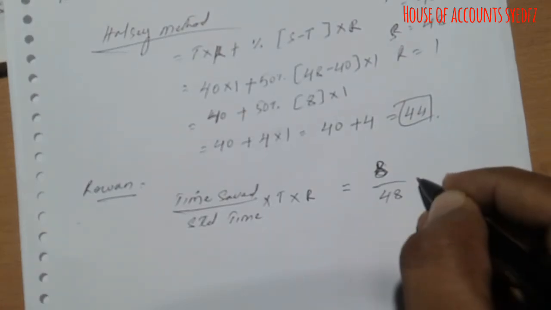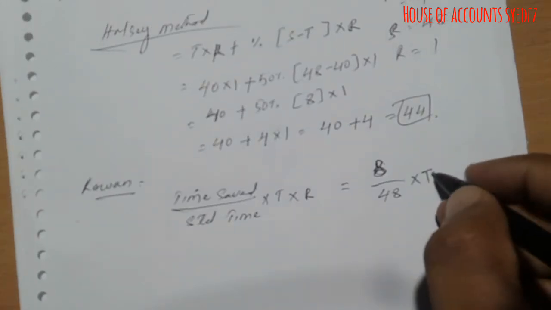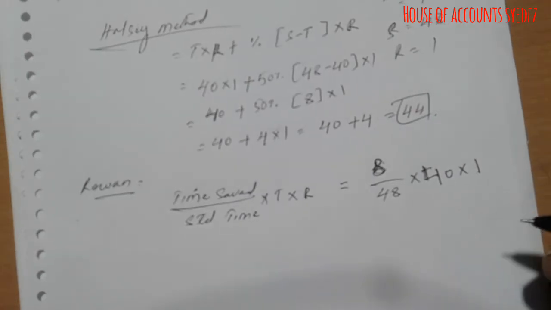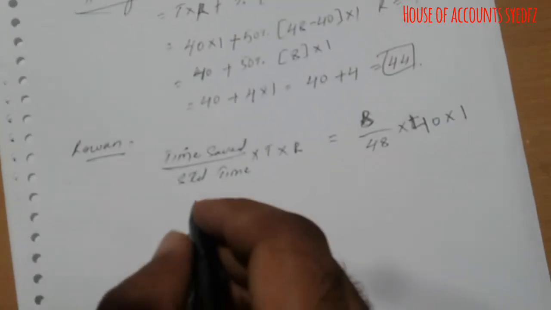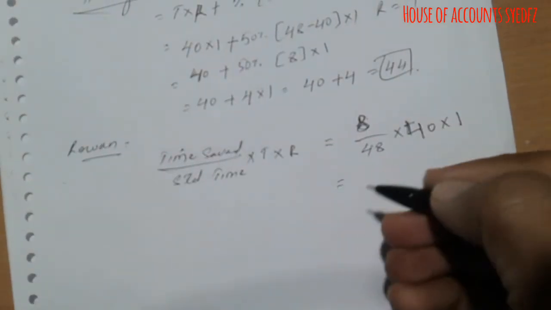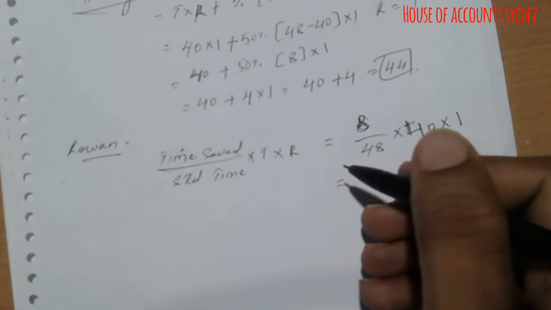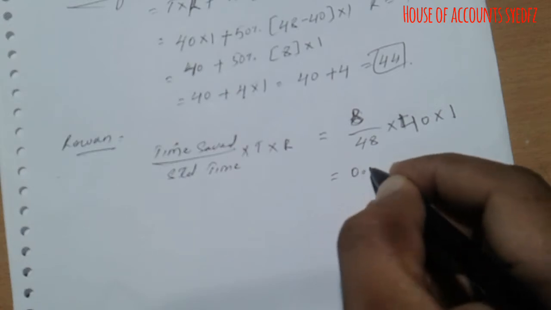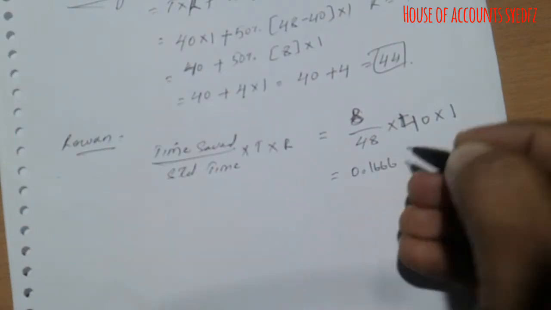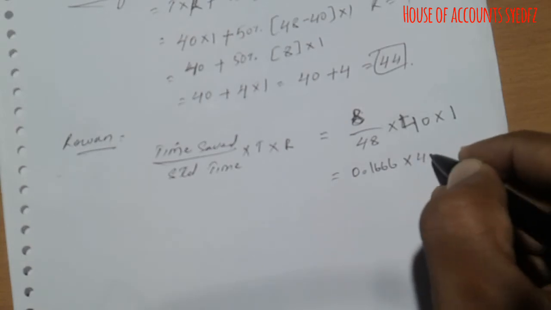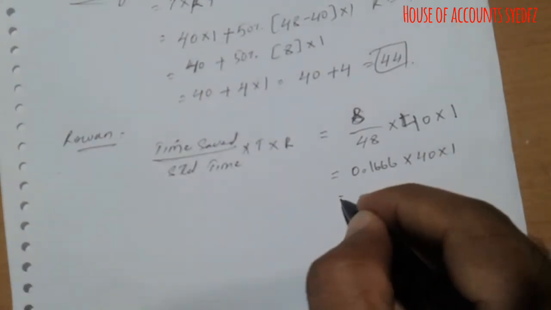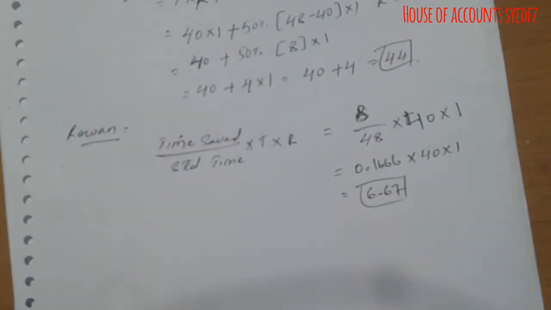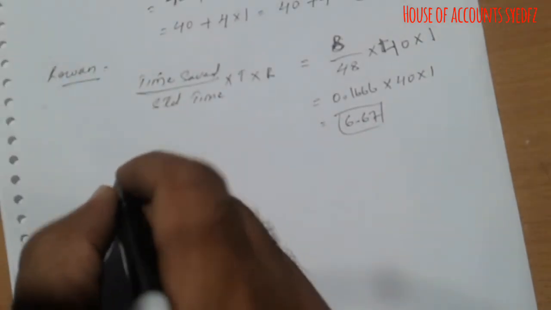Standard time is 48, time taken is 40, rate is 1. So 8 divided by 48 gives 0.166, into 40 into 1. Calculate this and you will get 6.67 as the bonus.